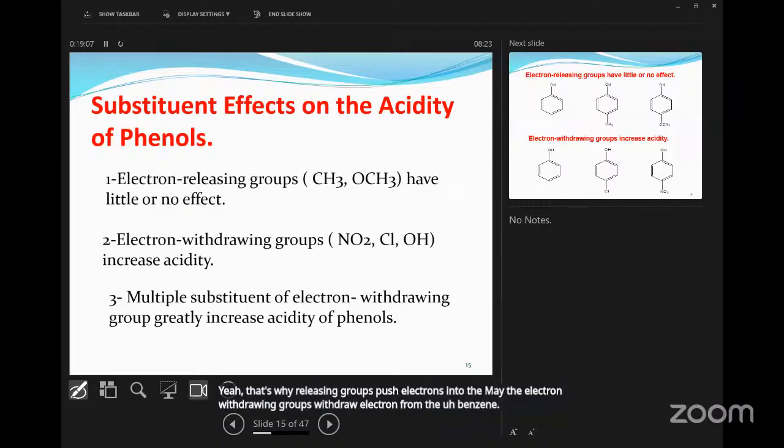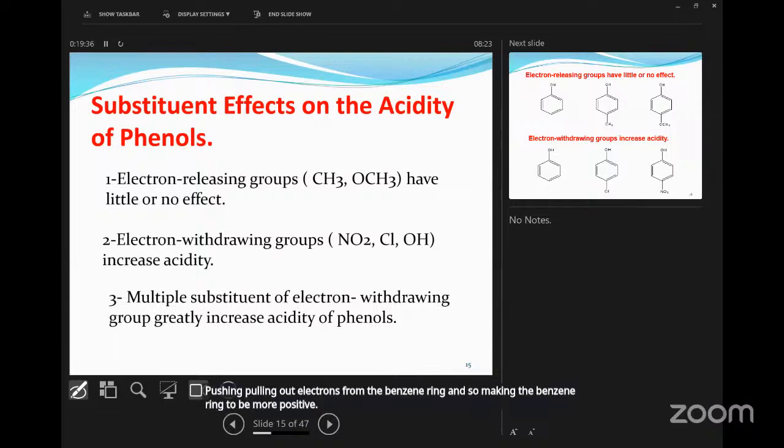ring. And there are some that have multiple substituents of electron withdrawing groups, which greatly increase the acidity of phenol. When there's an electron withdrawing group, it will be pulling electrons out of the benzene ring, and so making the benzene ring more positive.